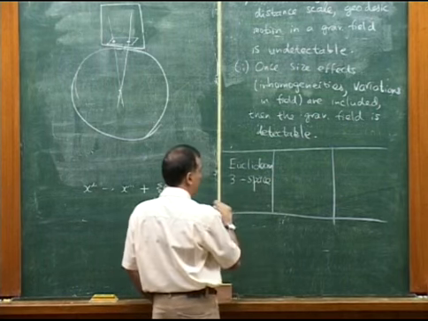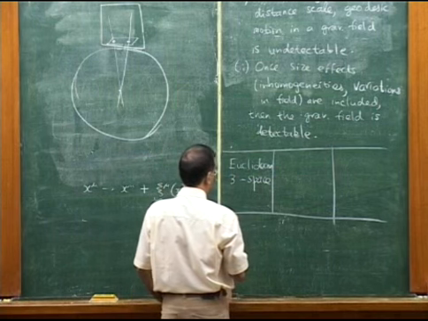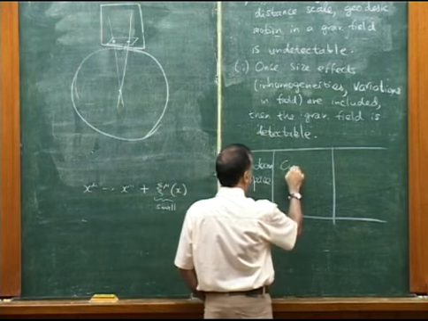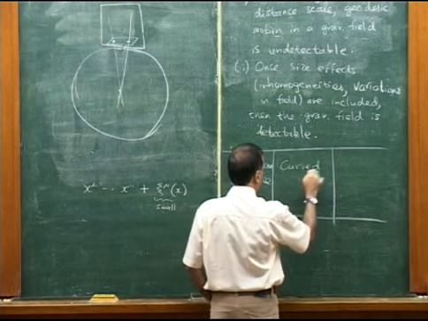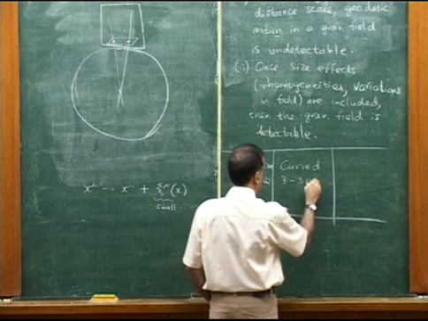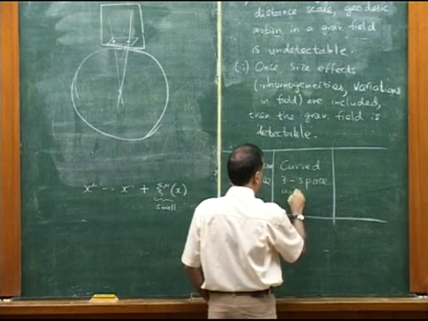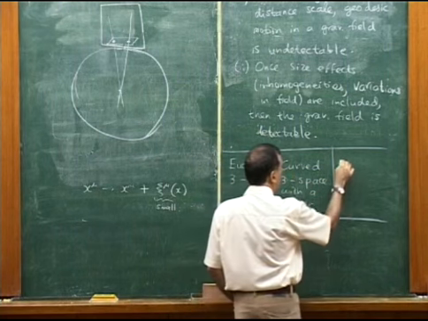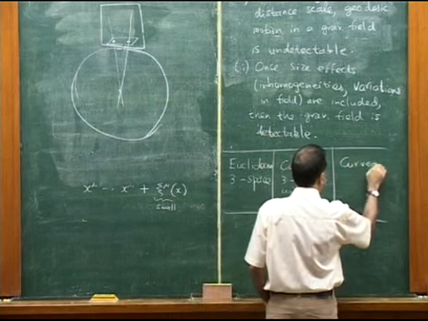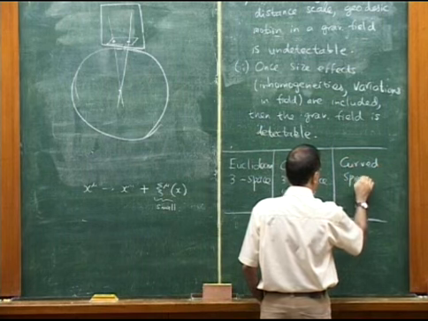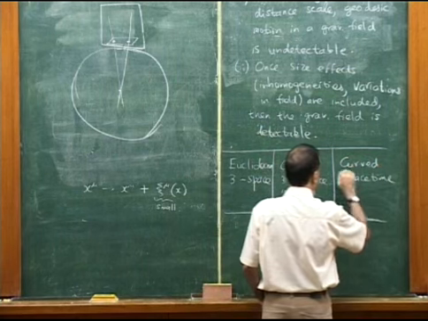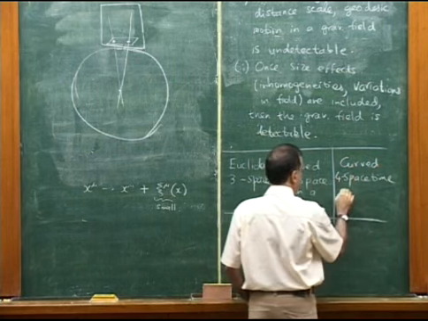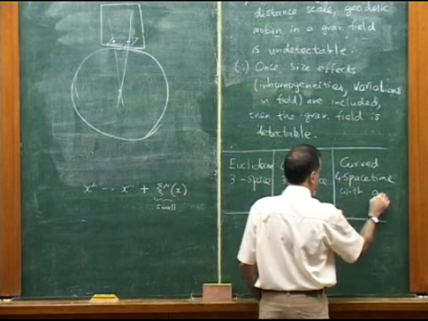Okay. Here is curved 3 space with a metric, and here is curved space-time. So 4-dimensional space-time with a metric.